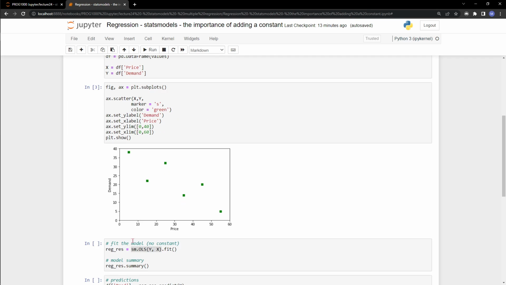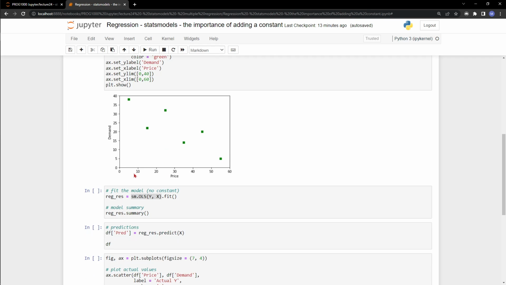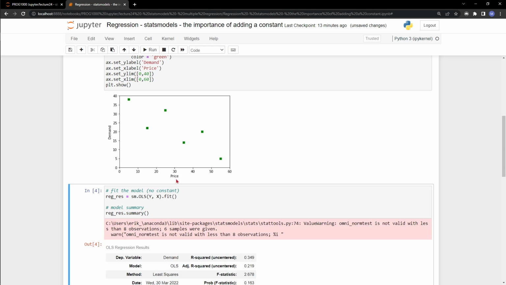So for our regression, we are going to force it to go through this origin if we do not have a constant term in the regression. So with a constant term, we would expect the regression line to be downward sloping, but we are going to see that.